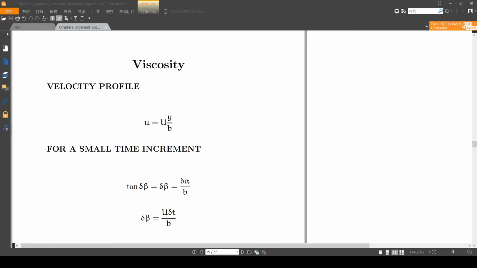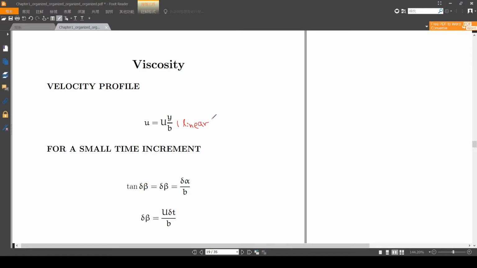Okay, so let's get back to the lecture notes. We have just introduced the viscosity, so now we just quickly go through the lecture notes. Viscosity is related to the velocity profile, and in this case the profile is linear.